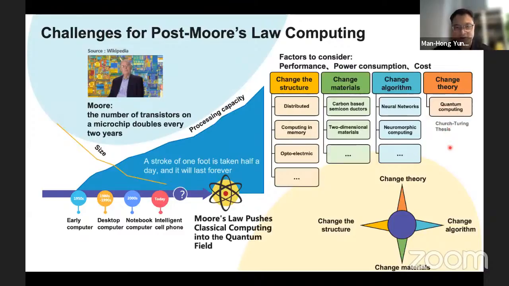Okay, so everybody here, I think we have lots of experts, I don't need to explain much. Quantum computing is just one option, and in particular we are not going to claim that quantum computing is to replace these things. All of these four approaches don't mean to replace the existing structure that we have, because already we can do something really fast, right?